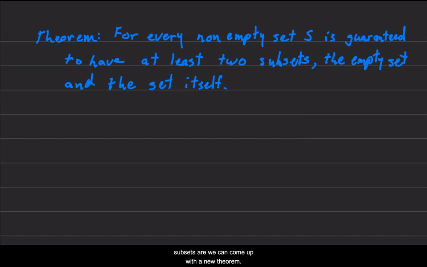Okay, now that we know what subsets are, we can come up with a new theorem. Every non-empty set S is guaranteed to have at least two subsets, the empty set and the set itself.